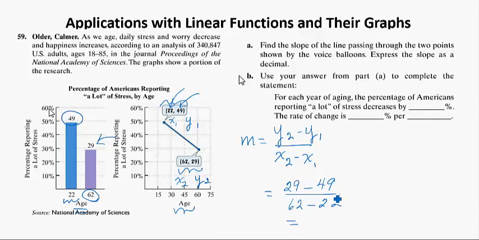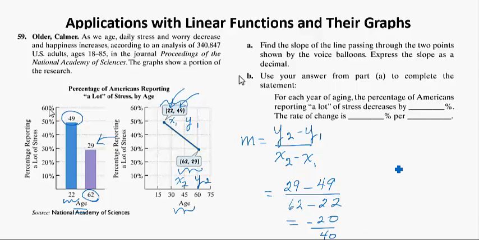And when we do that, we end up with 29 minus 49 is going to give me a negative 20. And 62 minus 22 is going to give me a 40.